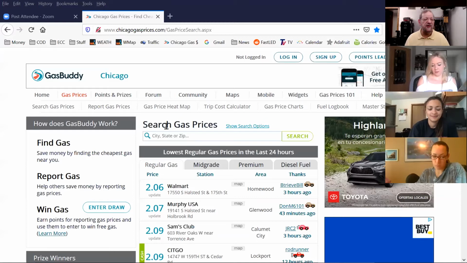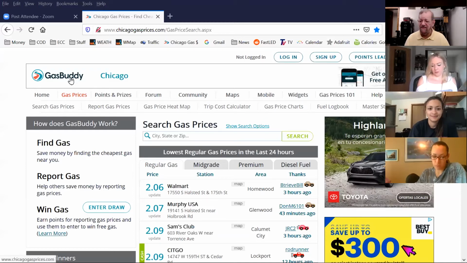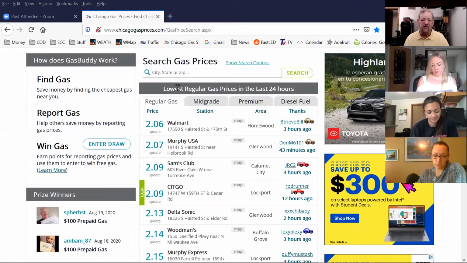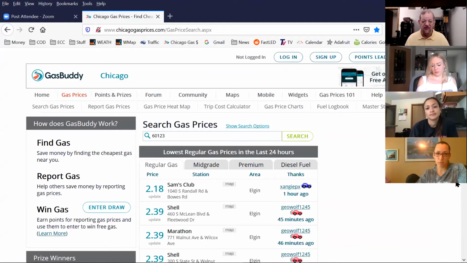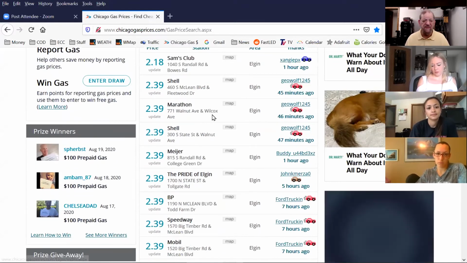Does everybody see Gas Buddy on your screen? Everybody's okay, thank you. If you want to look for this, it's not called Gas Buddy, it's called ChicagoGasPrices.com. I've been using this for years now, and it shows you gas prices in various zip codes. If I were to do Elgin, you can see the various gas prices.